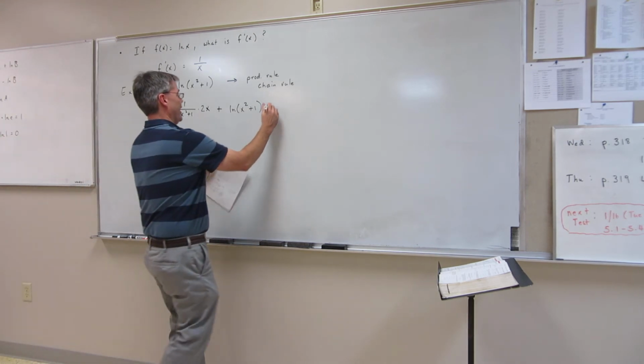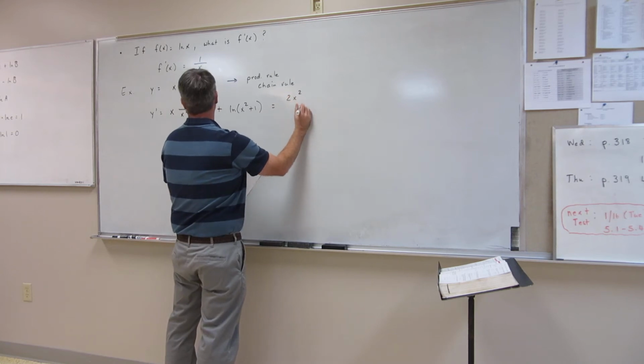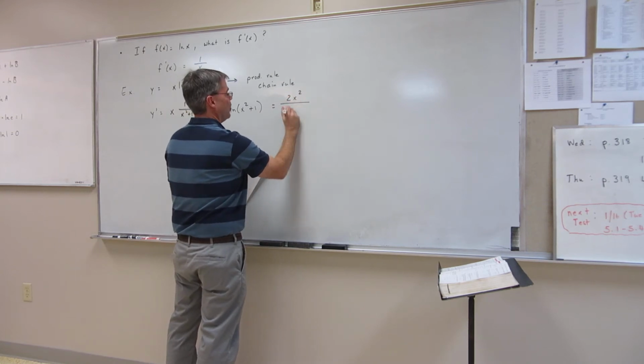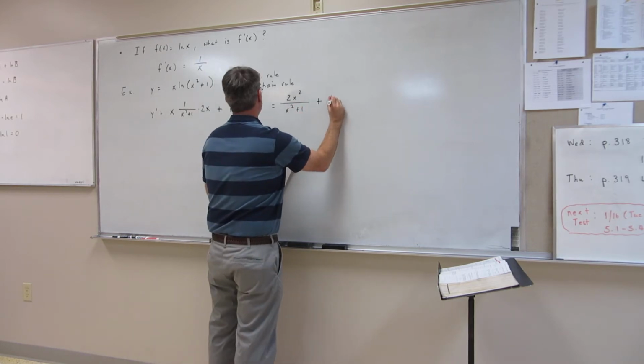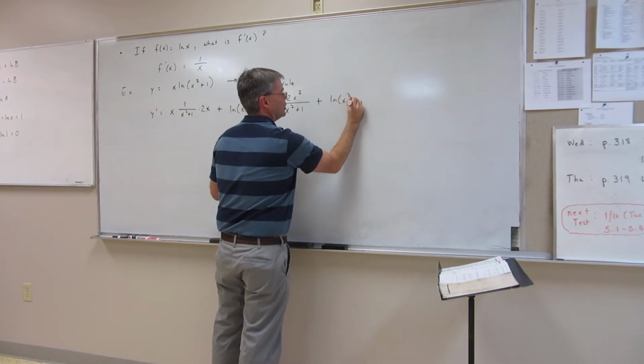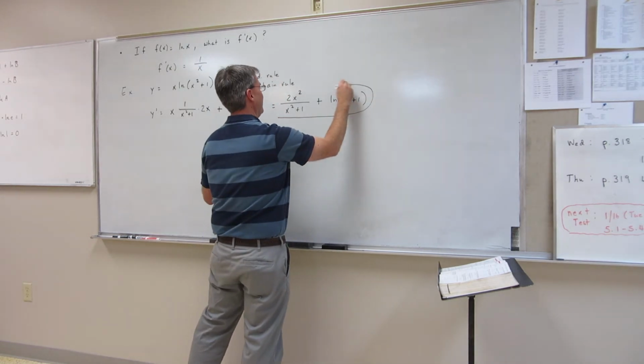So we can simplify that into, on top, 2x squared over x squared plus 1, plus the natural log of x squared plus 1. And we can't really simplify that anymore.